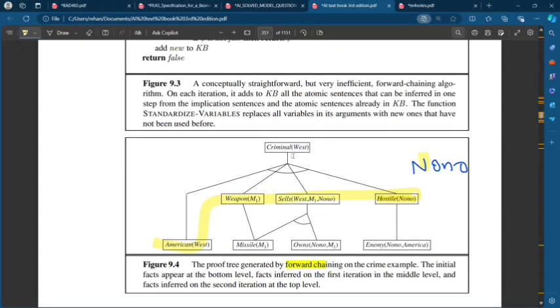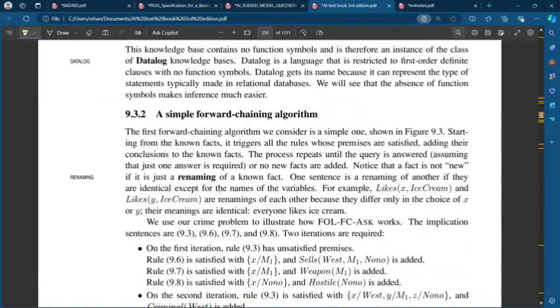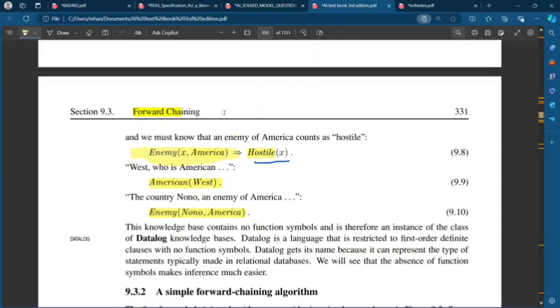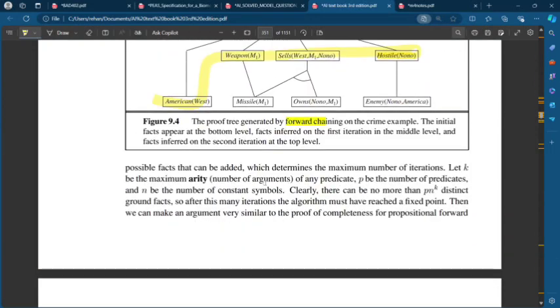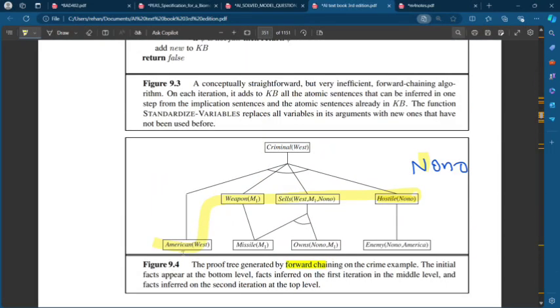Now, to derive this, we start with the known facts. You have to write all these known facts first, draw this diagram, then you can derive that West is American, Nono owns missile M1, then Nono is an enemy of America. First you will write Criminal(West), but just leave this.